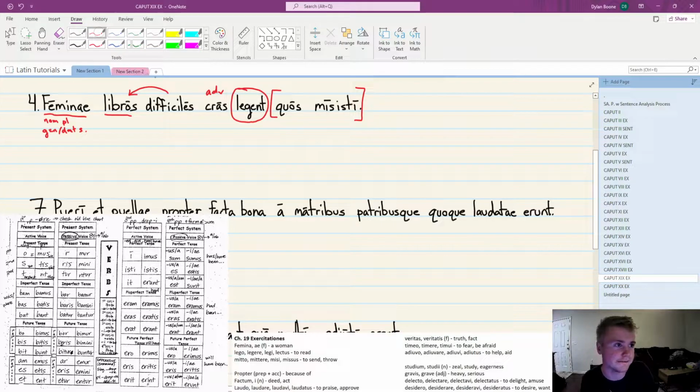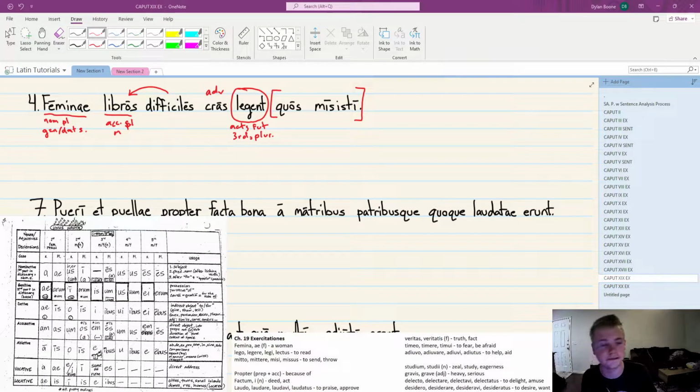So writing this out, we are active voice, future tense, third person, plural. And that's everything. So they will. Okay. So we have cras, modifying legent as an adverb. So tomorrow they will. Who is the they? Well, let's keep going. Libros: only one option, from liber, libri, second declension, masculine, accusative singular, or accusative plural. Difficiles, third declension adjective.